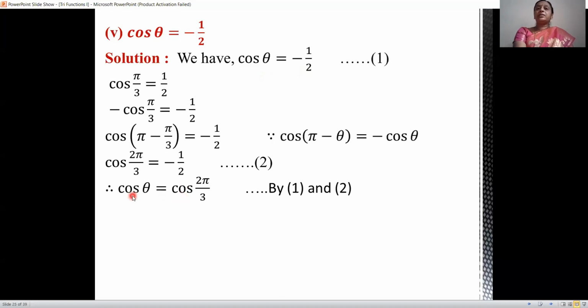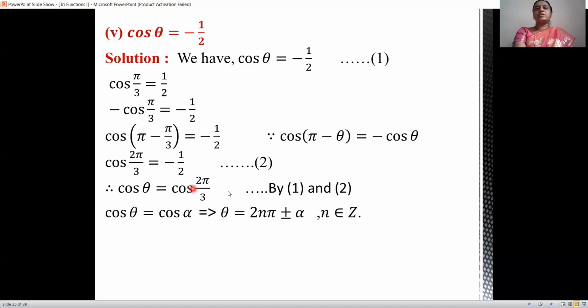Now, if the function is of the type cos theta is equal to cos alpha, then what will be the general solution? If cos theta is equal to cos alpha, the general solution is theta is equal to 2n pi plus minus alpha, n belongs to Z. Now, what is alpha here?